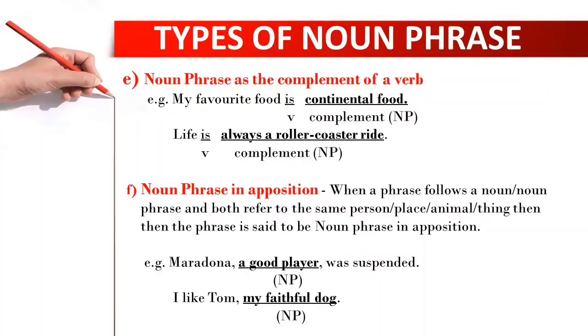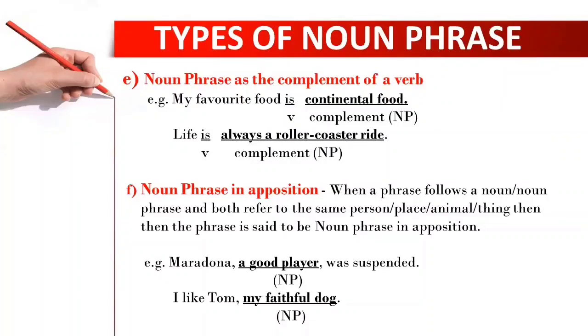Noun phrase as the complement of a verb. A complement restates or gives more information about a noun. It always follows a state of being verb such as is, am, are, was, were, will be, shall be, etc. For example, my favorite food is continental food.